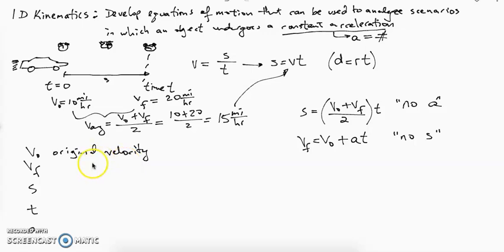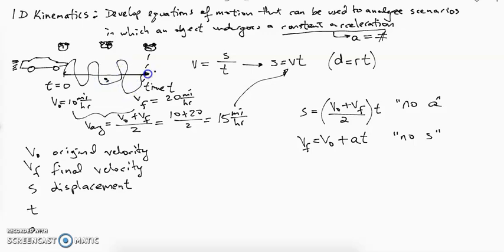They're not quite interchangeable, but they are related. vf is final velocity. s is displacement, or how far did I end up from where I started. It's the straight line, as I drew up here. Even if the car actually follows kind of a wiggle, that wiggle would be a distance traveled, but from the beginning straight line to the end, as the crow flies, that's displacement, and that's usually what we care about in physics, the straight line distance.